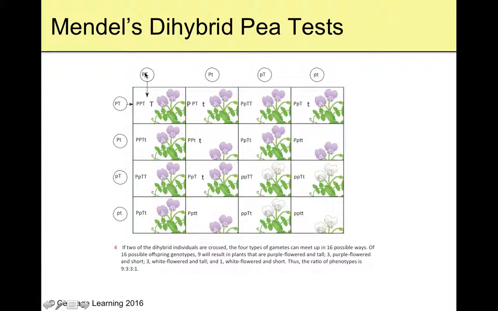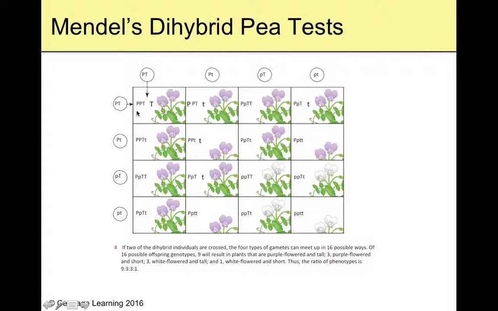And so now this part's tricky. Instead of the 2x2 block, we do a 4x4 block. So here's your big P, big T, big P, little t, and we're doing them the same exact way here. Little p, big T, little p, little t. And so now Mendel's math skills are going to come in handy because he's going to plant a bunch of these seeds and it's going to be crazy.